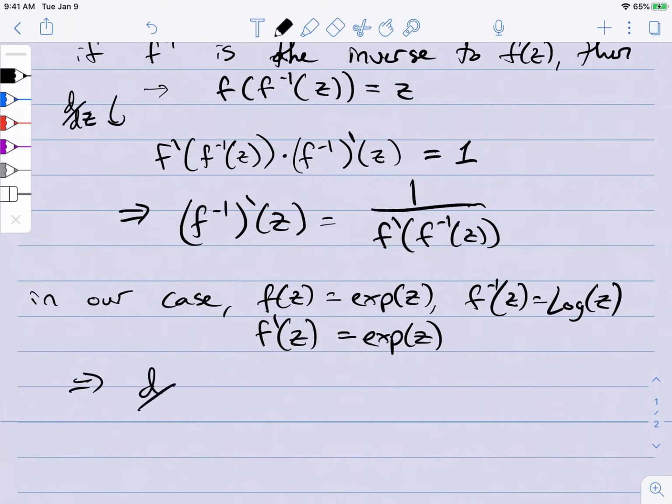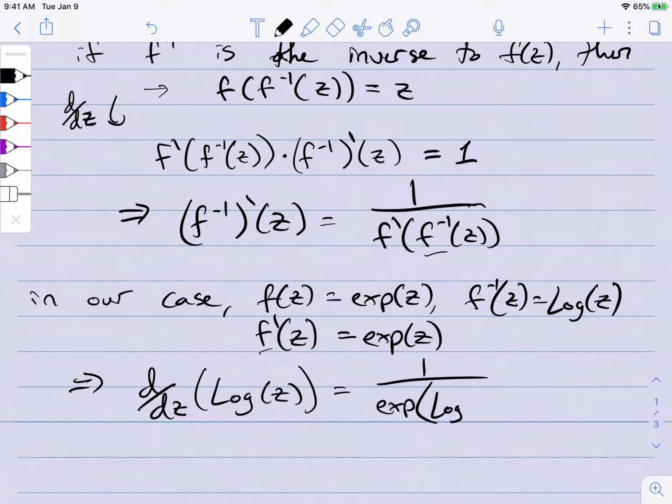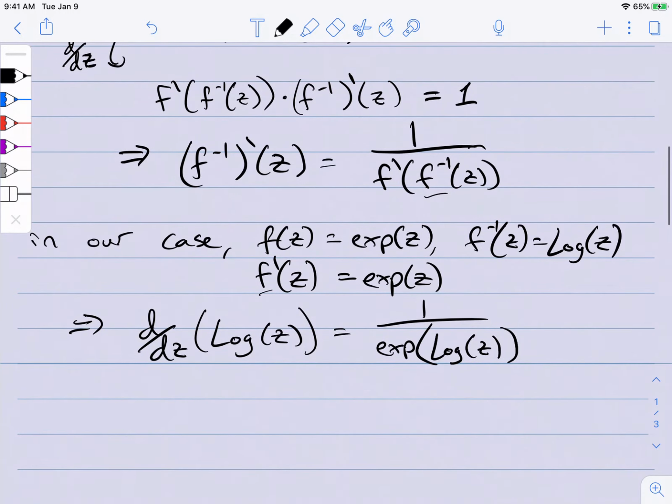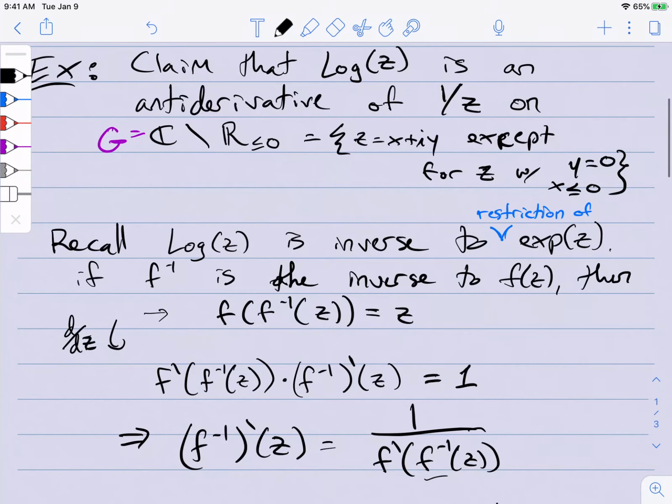And so what this tells us is that if we take the derivative of f inverse, which is the derivative of log at some z, this is equal to 1 over f prime, which is just exp, evaluated at f inverse, which is log, and exp of log is just equal to z. So this is for z in this region that we're looking at, G.